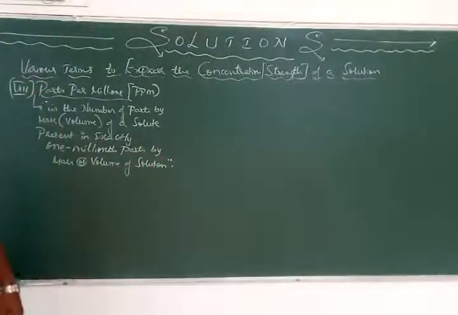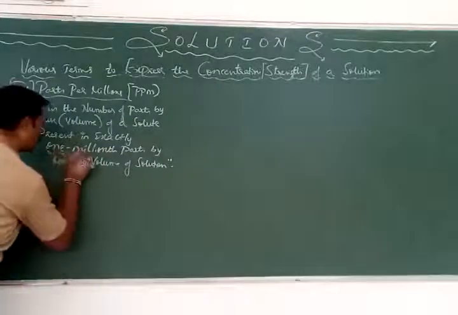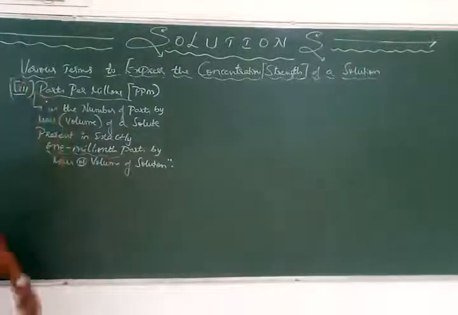The parts per million. Instead of 100 parts, if I mention 1,000,000 parts, it is called parts per million.